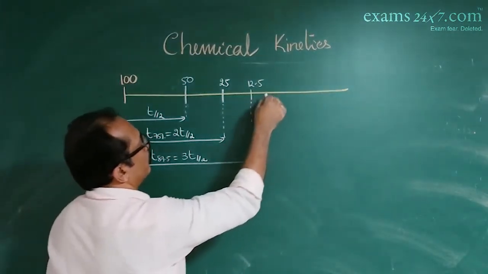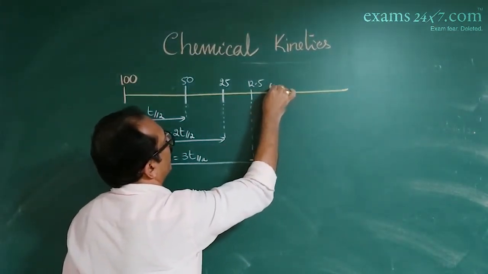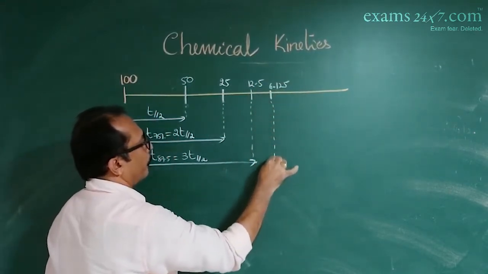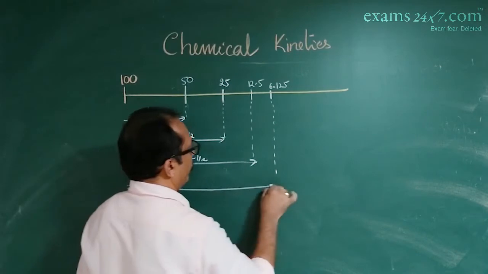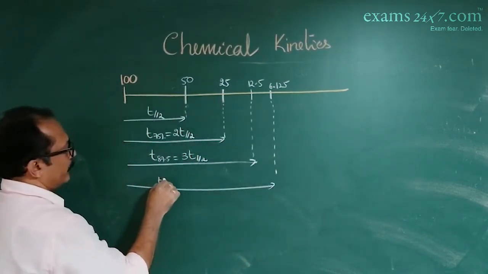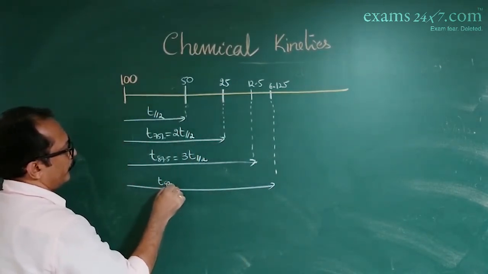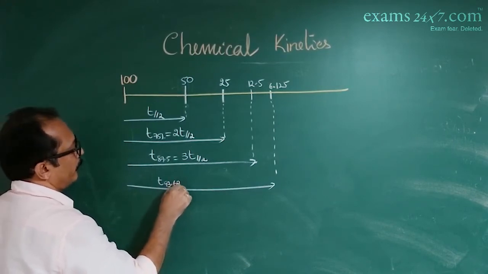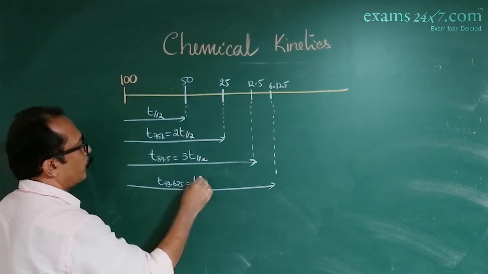One more, 6.125. Now here, the time required for 93.625 is 4 half-lives.